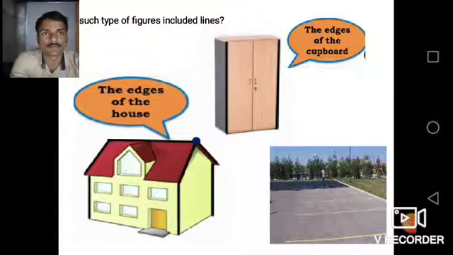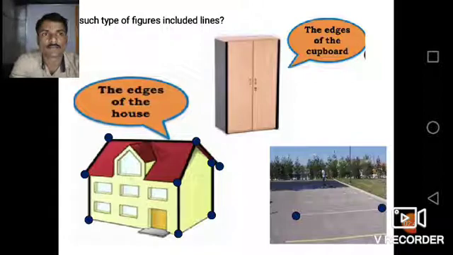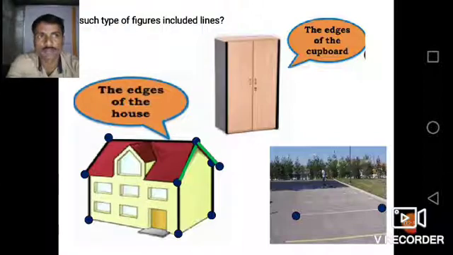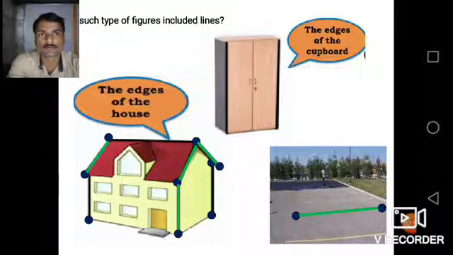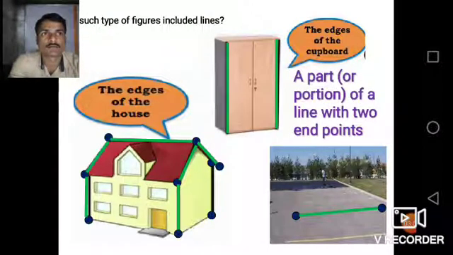These are some examples of figures including lines, and these points denote the end points of those line segments. These are the line segments, which are a part of a line with two endpoints.